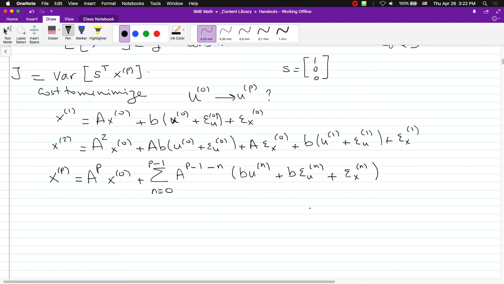This is basically a way to say if you have some history of the commands u, what's going to be the final position p that you're going to achieve.